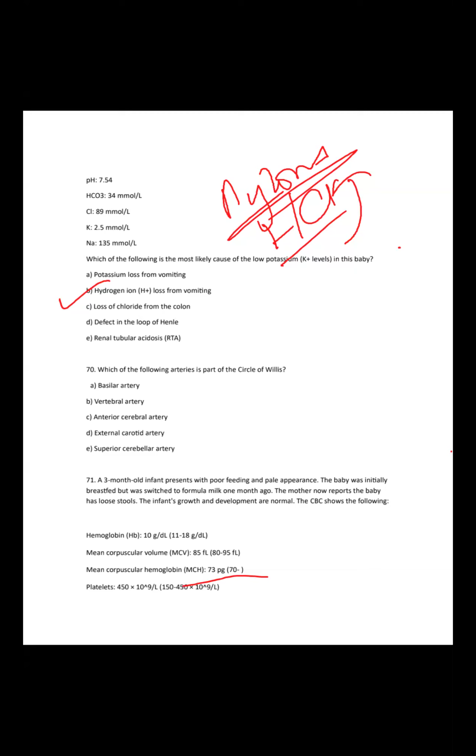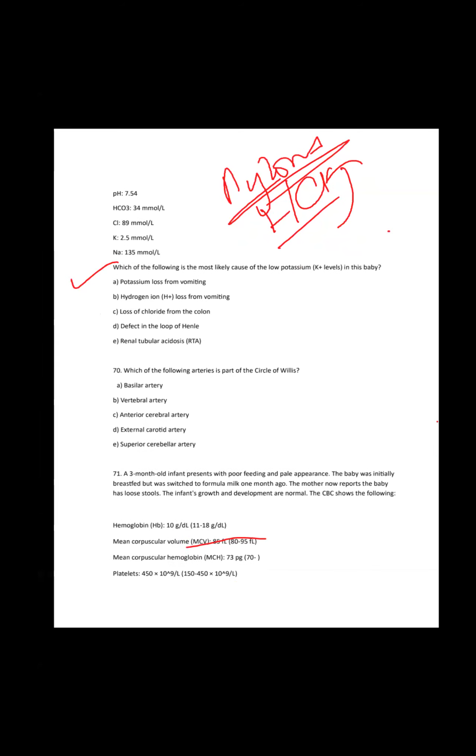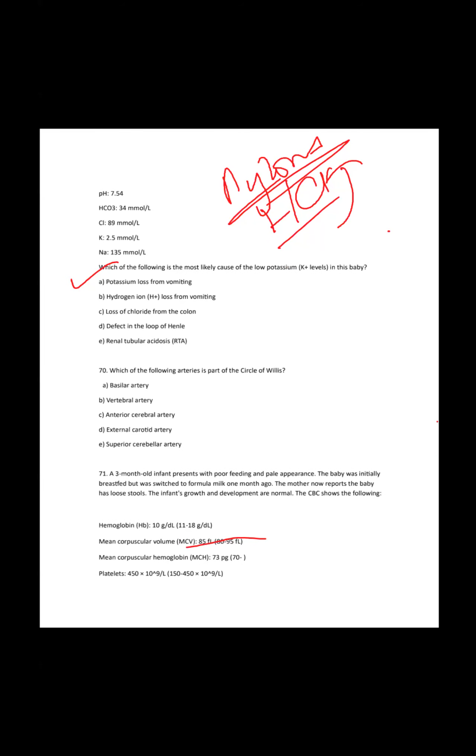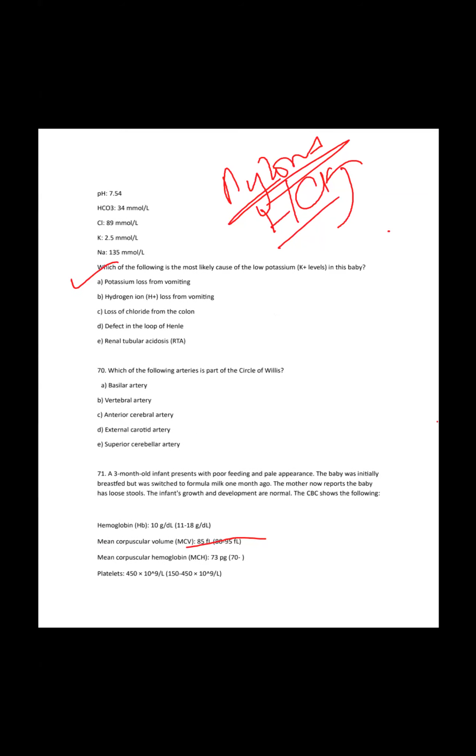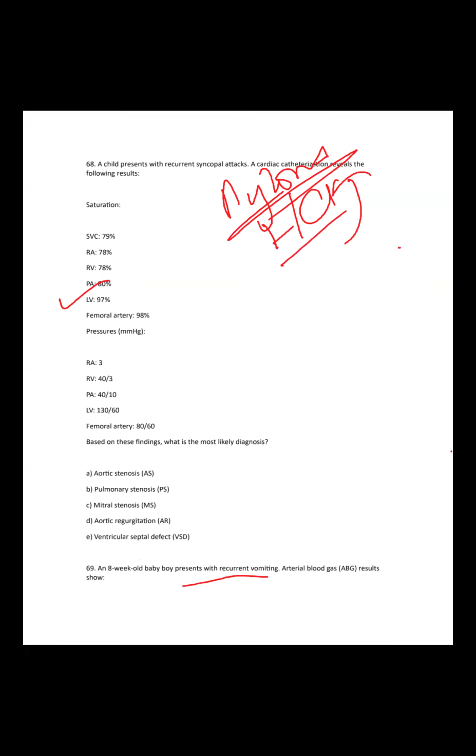Why would there be a defect? This baby presents with vomiting. This is not presented with polyuria. This is a baby diagnosed with pyloric stenosis. Why RTA? No RTA. There is no polyuria. Just focus on the complaint.